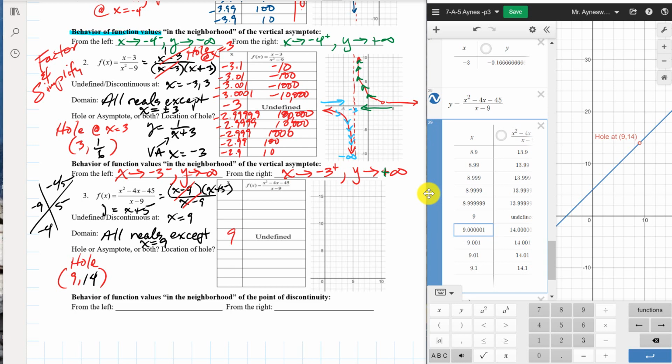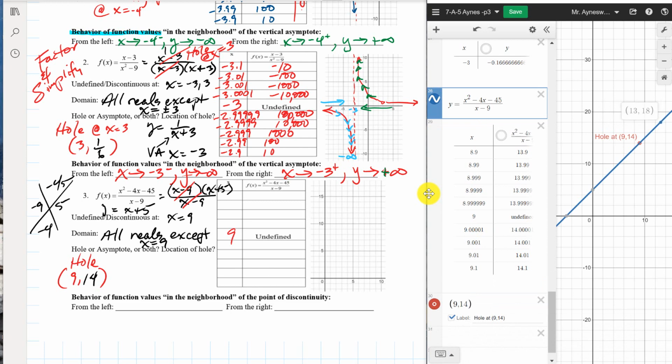Notice that the values get smaller and smaller: 14.1, 14.01, 14.001. They get smaller, but not by much, and they get closer to 14. If you're coming on the right side of the hole and get closer and closer, the y values decrease until they approach the y value in the hole, which is obviously 14.